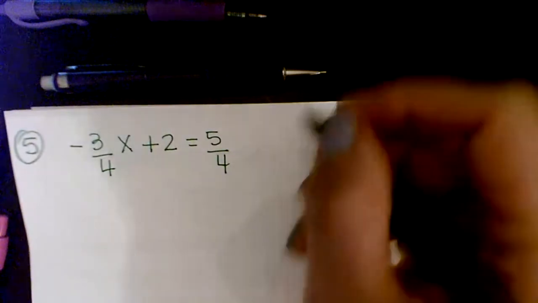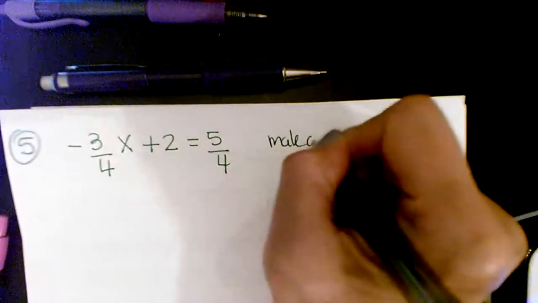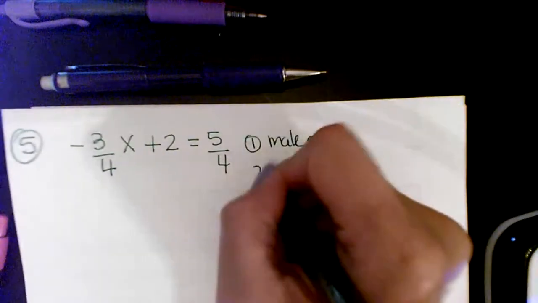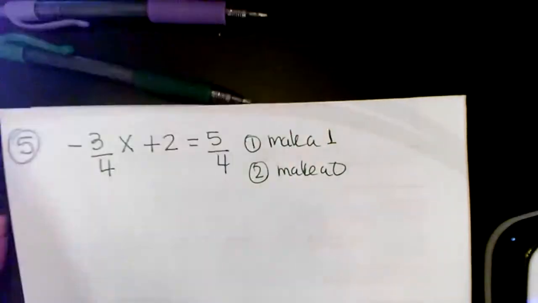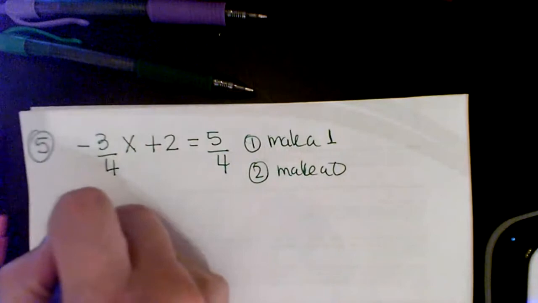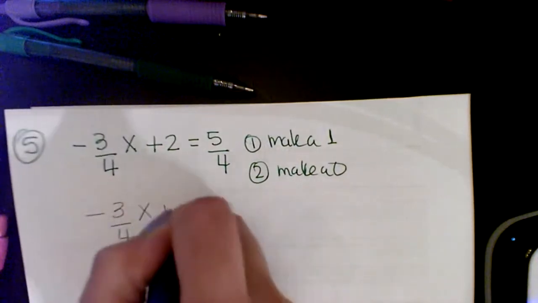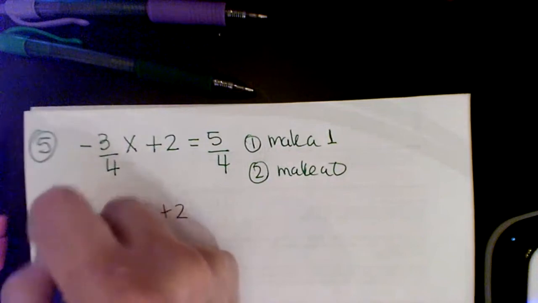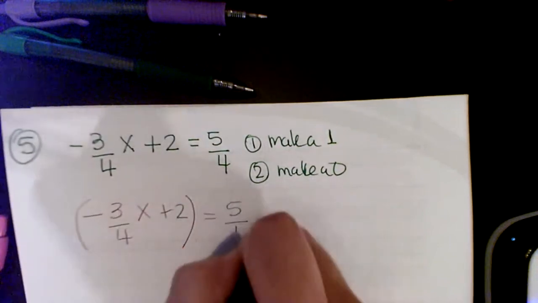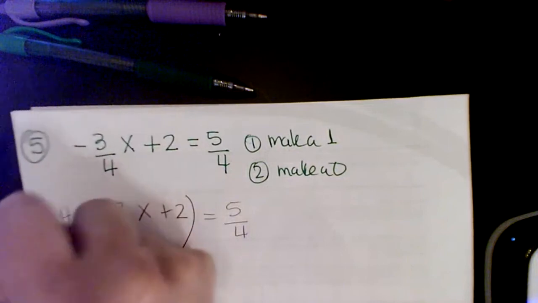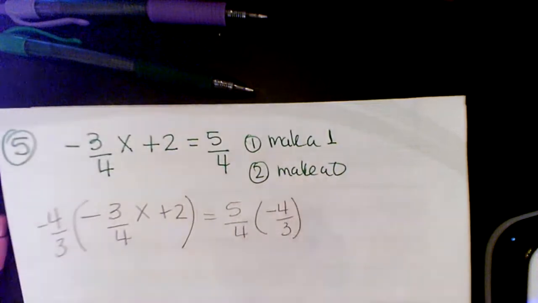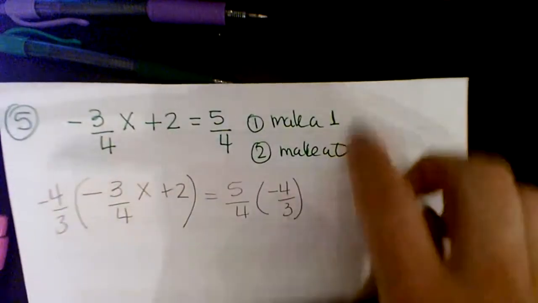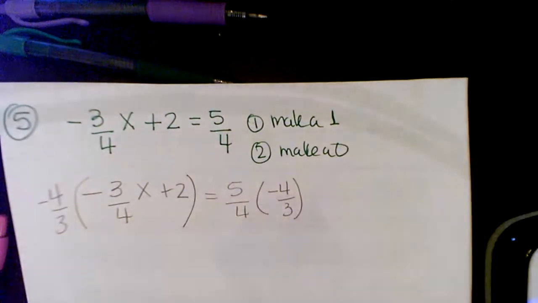So, this one, let's make a 1. And then we make the 0. So in order to make this the 1, we're going to have to multiply it by the reciprocal, which is negative 4/3, on both sides of the equation. Remember, you could have done it the other way. You could have made a 0 first and then make a 1.